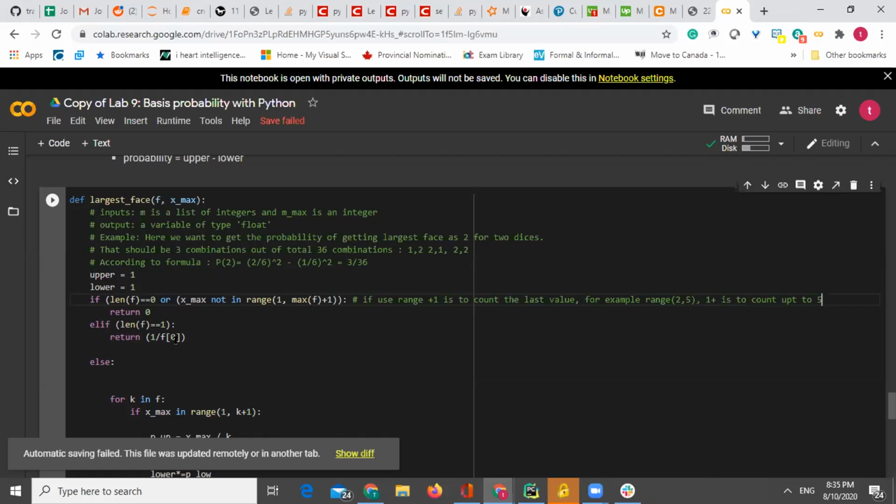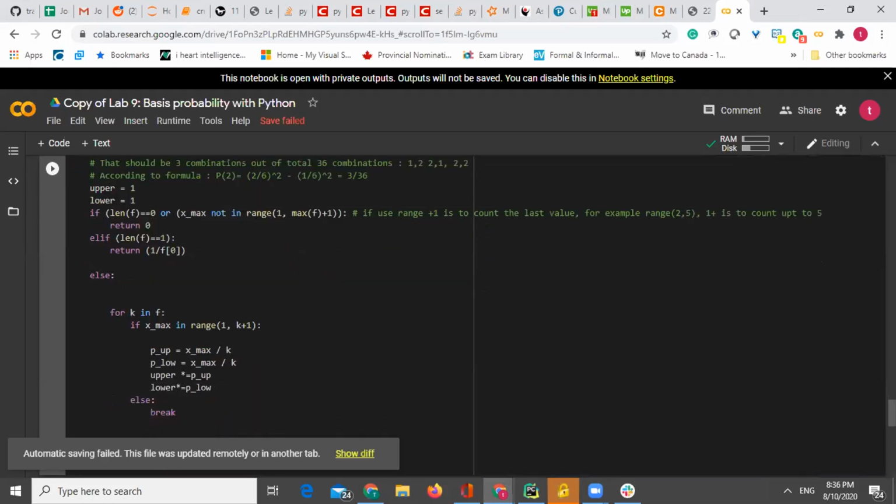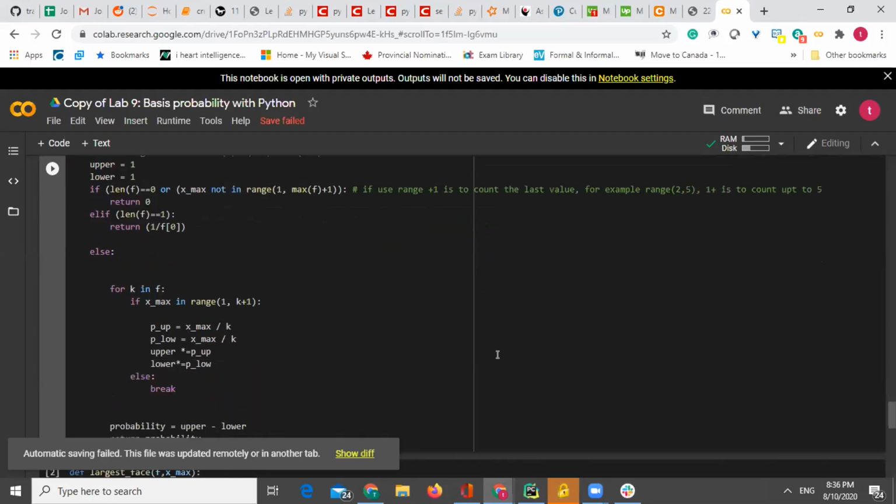So for example, if my f is only 1, right? Yeah, if you got only one value. Then okay, so it is only one dice. Okay, that makes sense. For k in x, if x max is equal to 1, k plus 1.